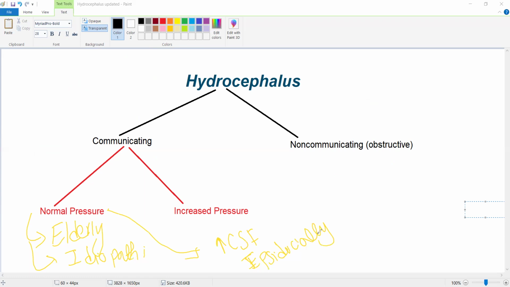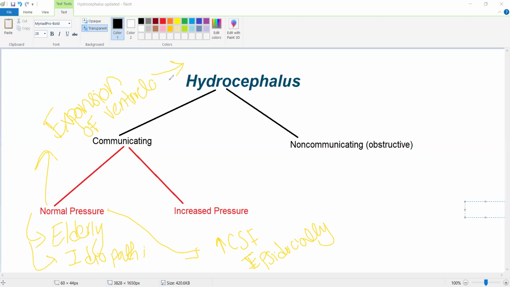This leads to expansion of the ventricles, again high-yield stuff. Expansion of the ventricles will distort the fibers of the corona radiata.